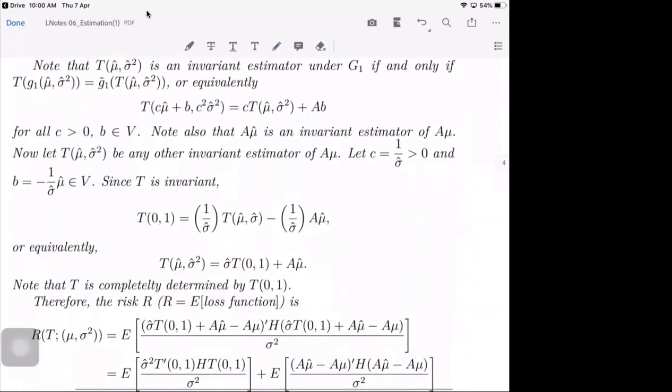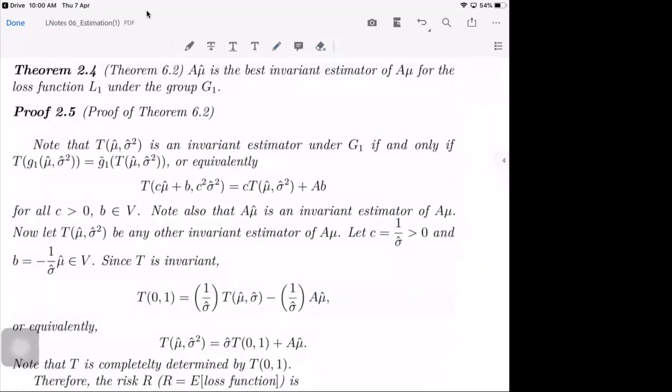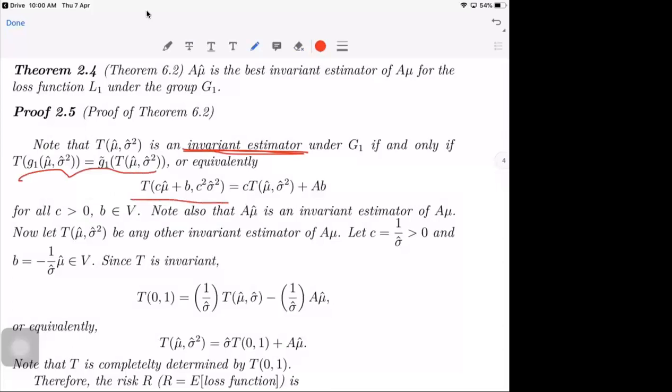So, to show that it is an invariant transformation, you have to show this, or equivalently for our G1, this is what you show. It is equal for all C greater than 0 and B in your subspace V. Okay, so note that we have shown that A mu hat is an invariant estimator for A mu.